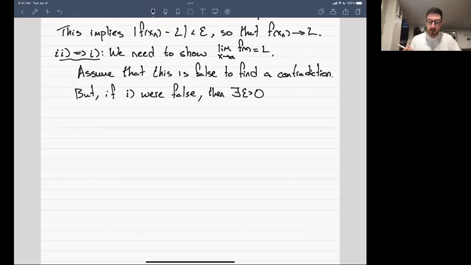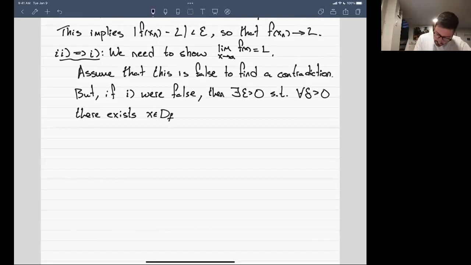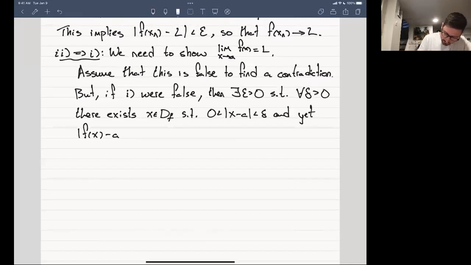So that means that there exists an epsilon positive such that no matter how small we take delta, there exists an element of your domain that is delta close to a, and yet |f of x minus L| is greater than or equal to epsilon. So I logically inverted that.